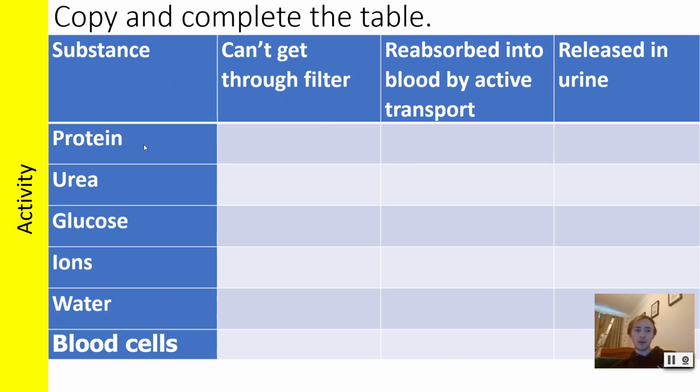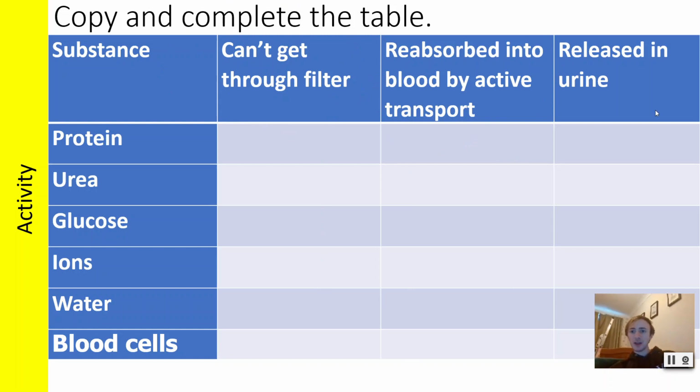For each substance, protein, urea, glucose, etc., I want you to put a tick in the column which properly represents what's going to happen to it. So if you think it won't get through the filter into the urine production bit of the kidney, you put a tick underneath this. If you think it's reabsorbed into the blood by active transport, you put a tick under this.